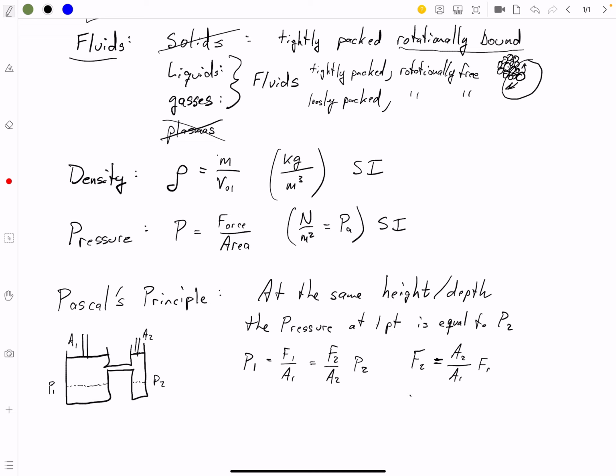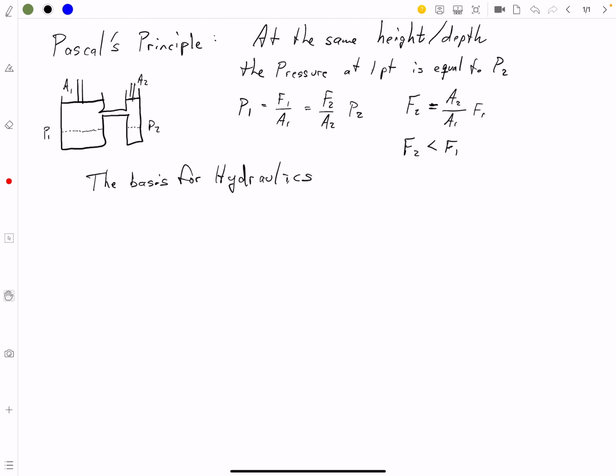Now F2 is less than F1. So good for us. This is the basis for hydraulics. And I have a feeling this is definitely on the test, so you might want to keep it in your brain.